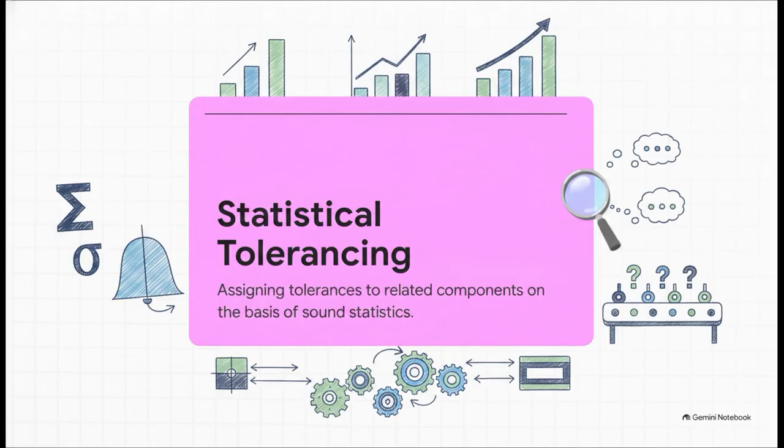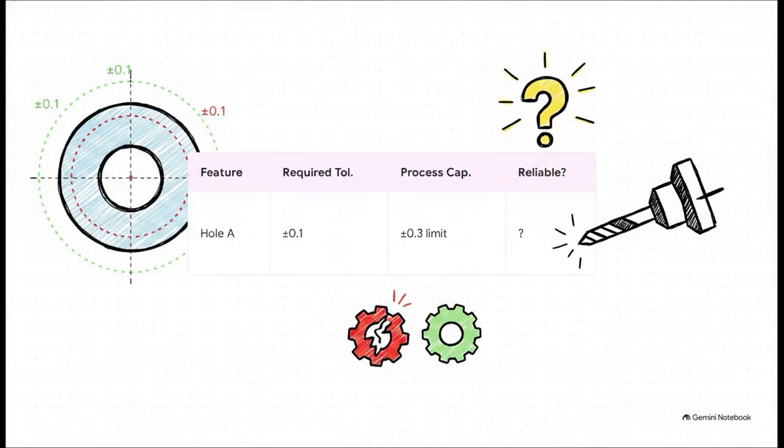It defines it as assigning tolerances to related components on the basis of sound statistics. So this is the missing link, right? The link between what tolerance would be nice to have and what is actually achievable at a reasonable cost. We have to assign limits based on process capability metrics like Cp and Cpk, not just guessing what looks safe on a drawing. Let's do a quick quiz to put this into perspective.